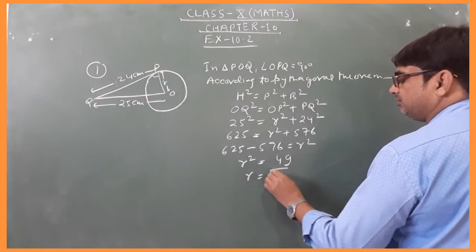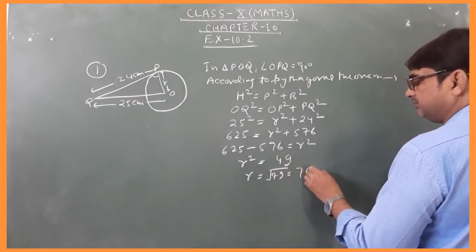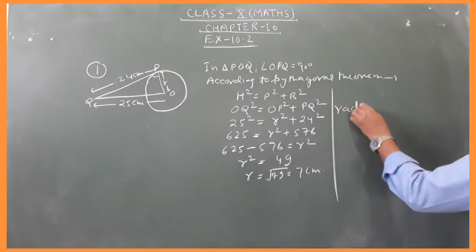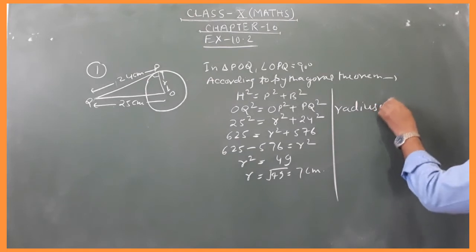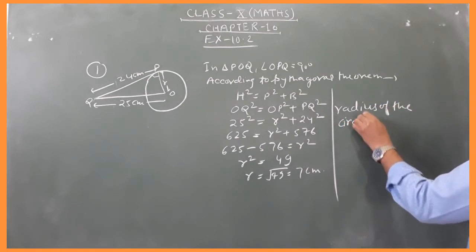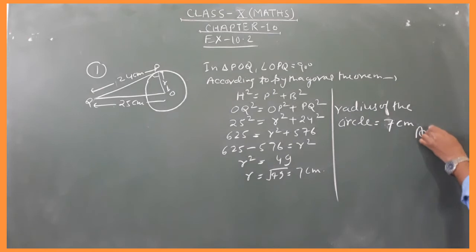R is equal to under root 49 is equal to 7 centimeter. So that radius of the circle is equal to 7 centimeter. This is your answer.